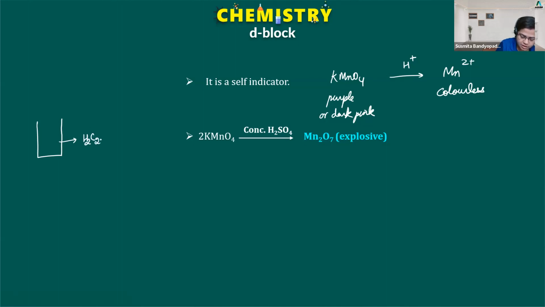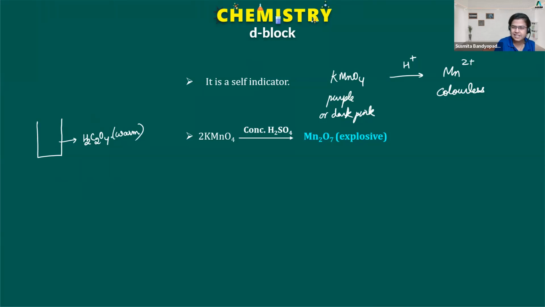So I'll take a little warm solution of oxalic acid here, students, because oxalic acid has covalent bonding between carbon and oxygen. So covalent bonds are not so easy to break in aqueous medium. So I'll take it a little warm, some 60-70 degrees. I'll heat this oxalic acid solution.